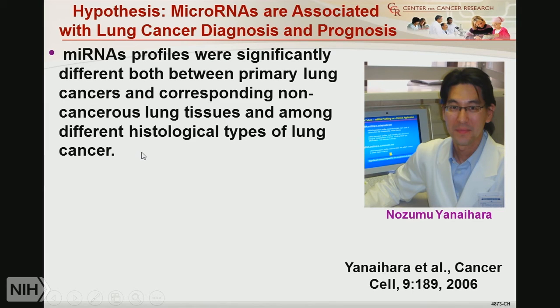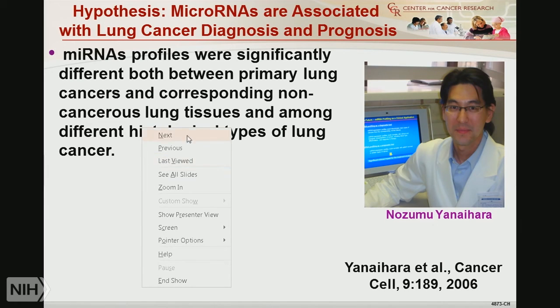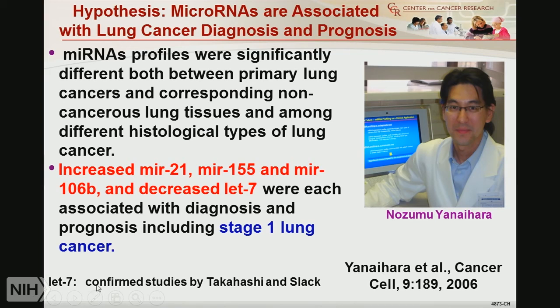So you could determine that they were squamous cell or adeno or a small cell lung cancer. He also found that there were 3 microRNAs that were increased, miR-21, miR-155, and miR-106, and there was a decrease in LET7. And this is, again, in the very earliest stage of lung cancer, stage 1.